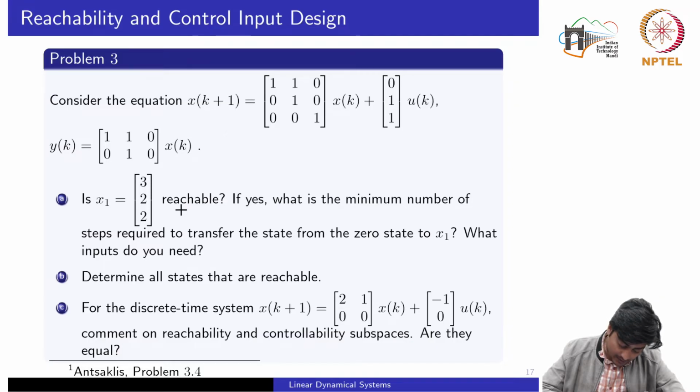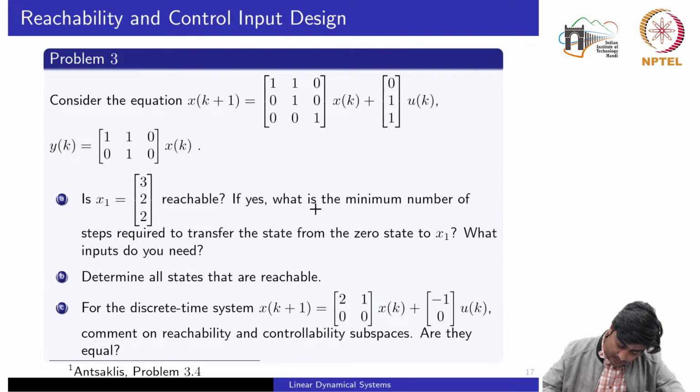If you recall the definition of reachability, from the zero initial condition we want to reach some non-zero state, and here we have specified that condition. So starting from the origin, we want to determine whether there exists any control input such that we can reach this x1 at t1.